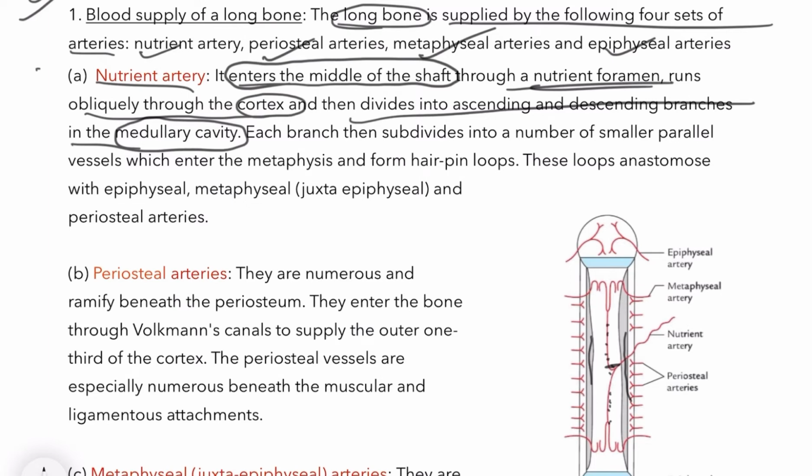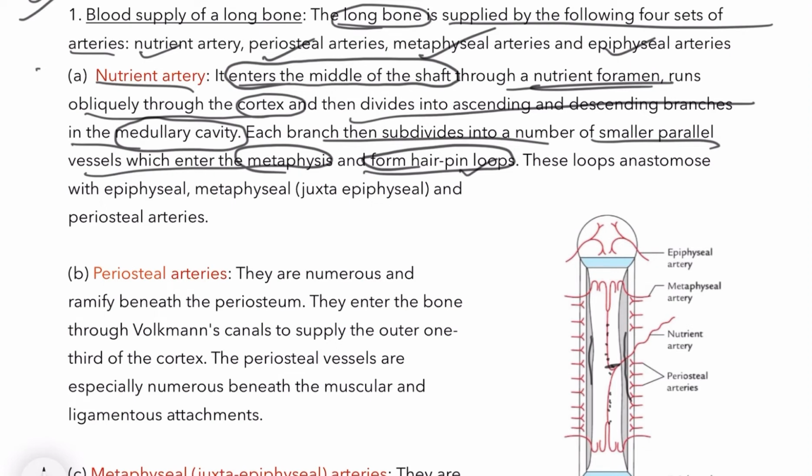And each branch then subdivides into a number of small parallel vessels which enter the metaphysis and form hairpin loops. Now you can see that the nutrient artery is divided into various parts which form the metaphysis. In the metaphysis there are hairpin loops where the bacteria or emboli lodge.